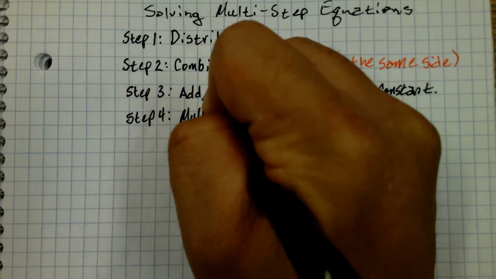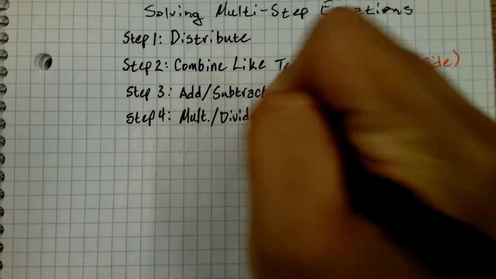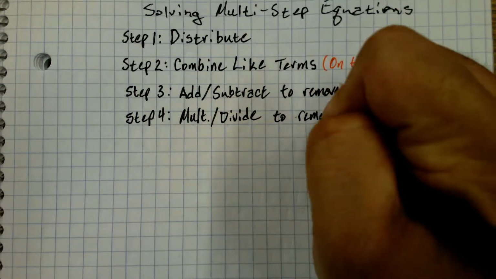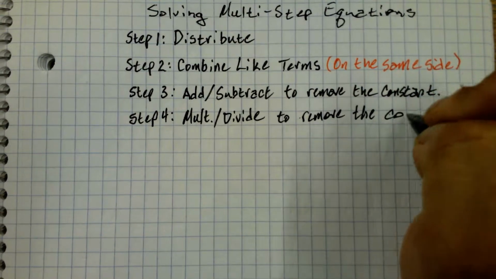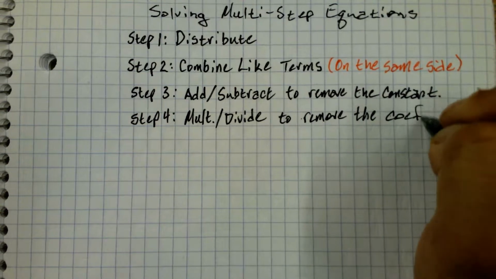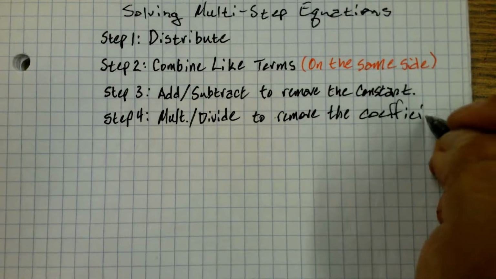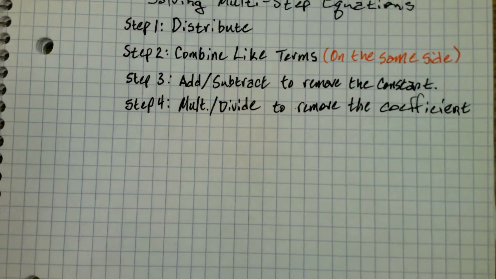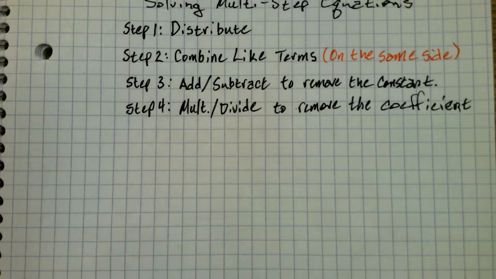Multiply, I'll just abbreviate that, slash divide, to remove the coefficient. Multiply or divide to remove the coefficient. So this is our guide.